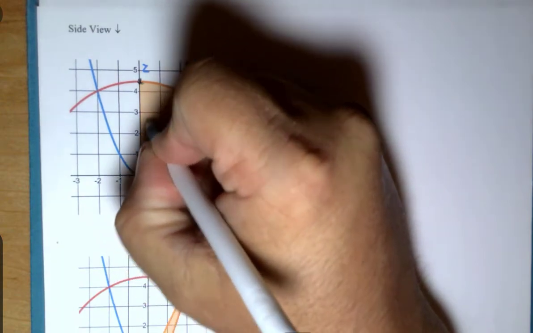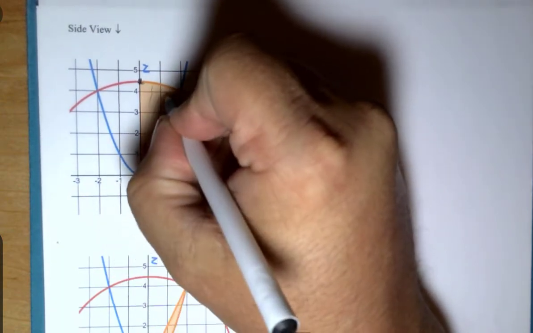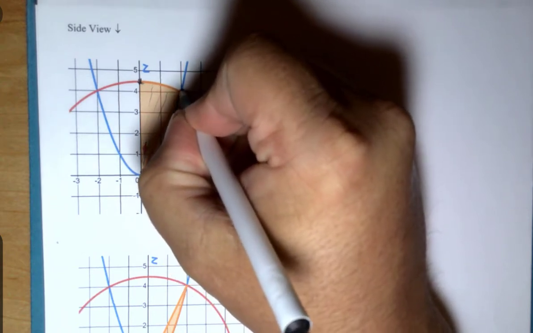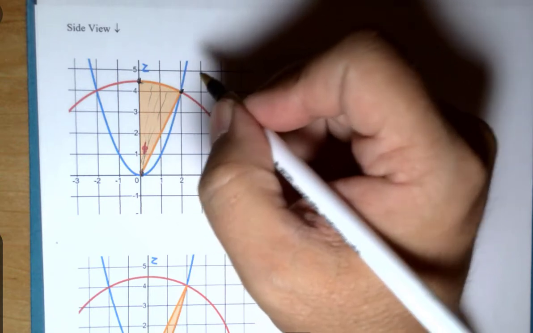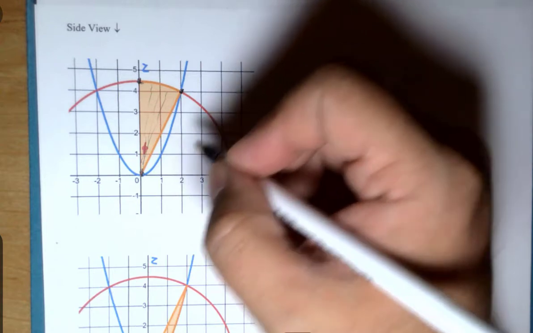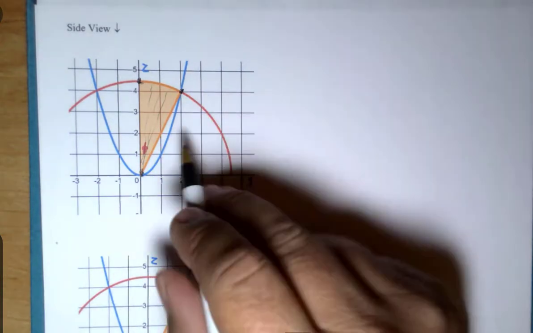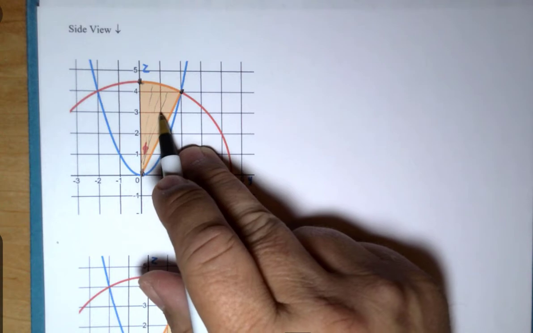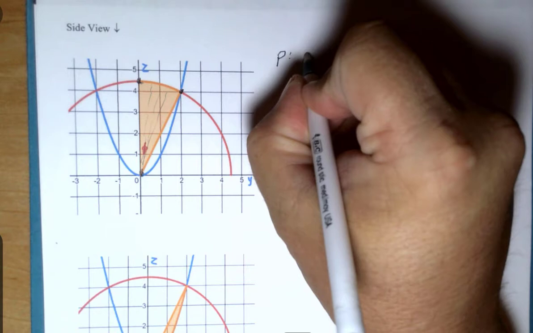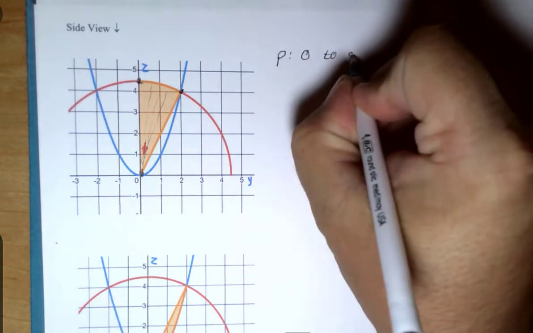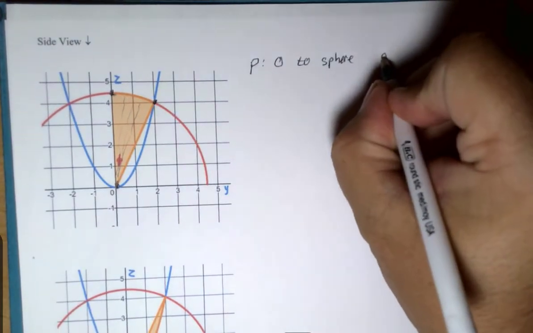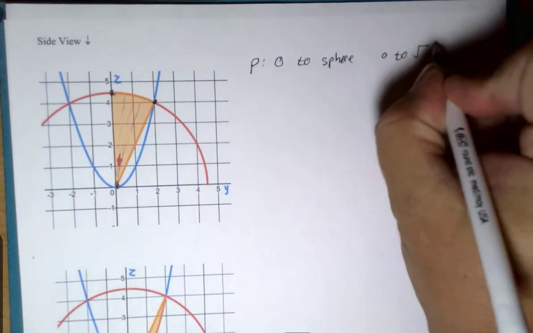And as we work our way downwards with this angle, once I hit this point where the paraboloid intersects the sphere, I'm no longer touching the sphere as I fall below this. So in this particular part of our graph, the radius rho goes from 0 to the sphere, which would be probably better to say 0 to square root of 20.